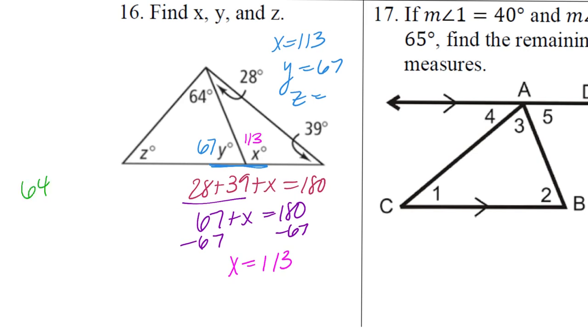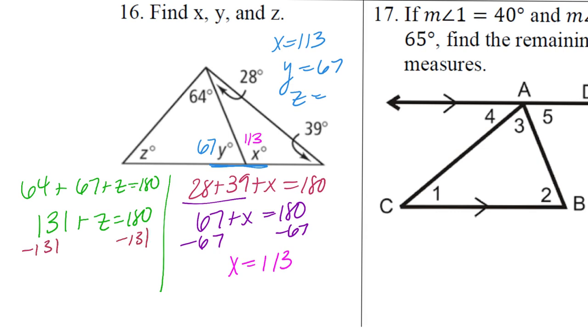So we can do 64 plus 67 plus z equals 180. You can use whichever letter you would like. So 64 plus 67 is going to be 131 plus z equals 180 minus 131 on both sides. Z equals 49. So we are done all the pieces of this one.